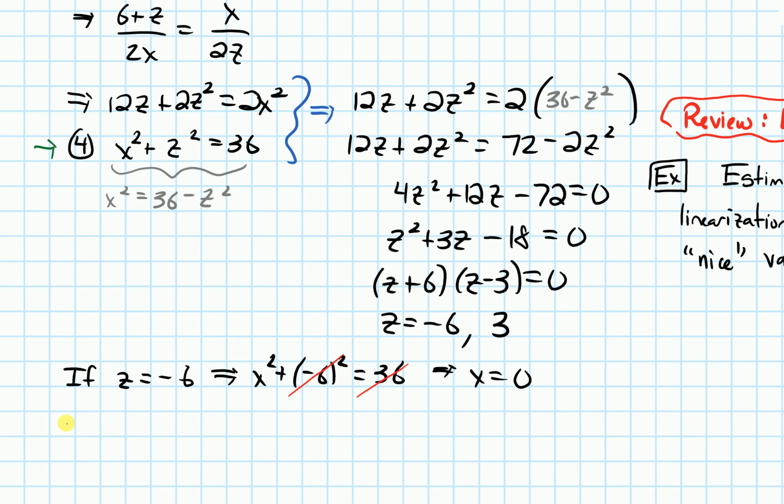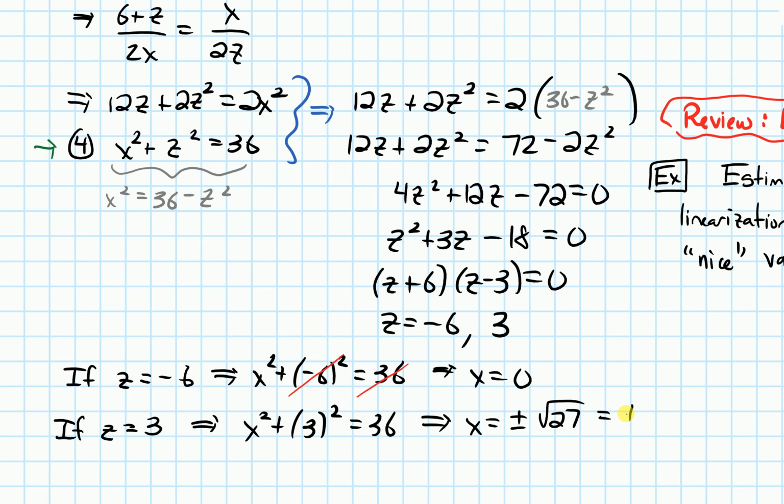Okay, so the other possibility is if z equals 3. Then we get x squared plus 3 squared equals 36. And if we simplify and rearrange this, we'll get that x equals plus or minus root 27.